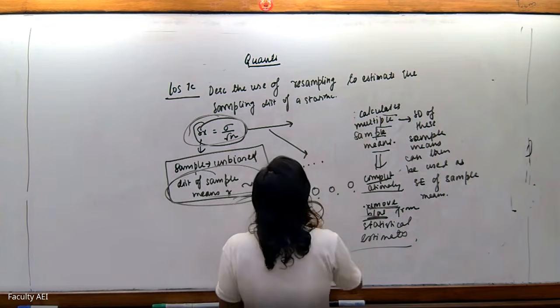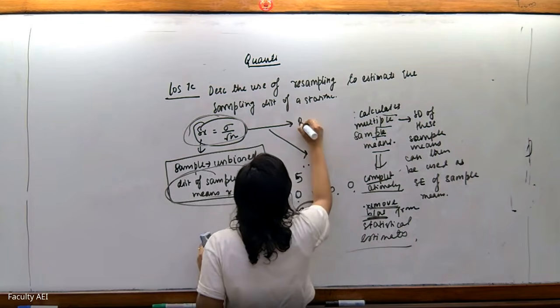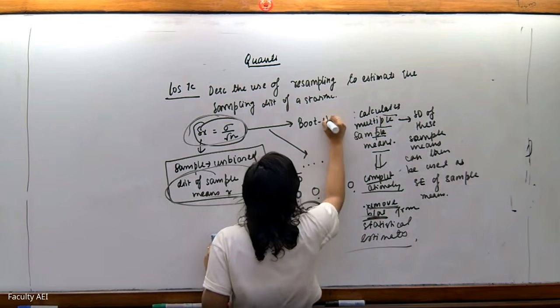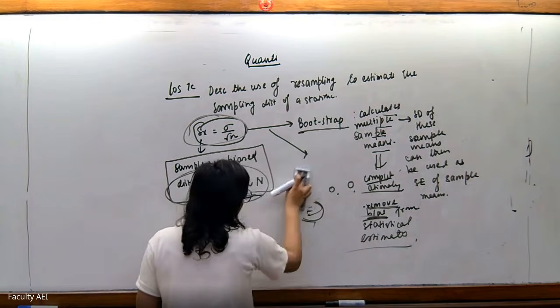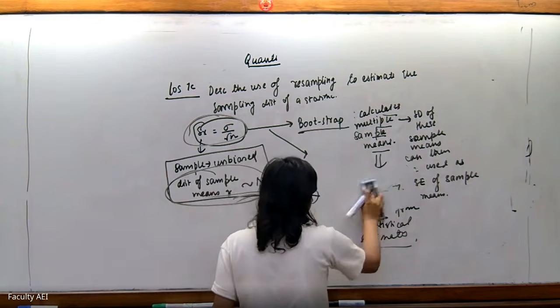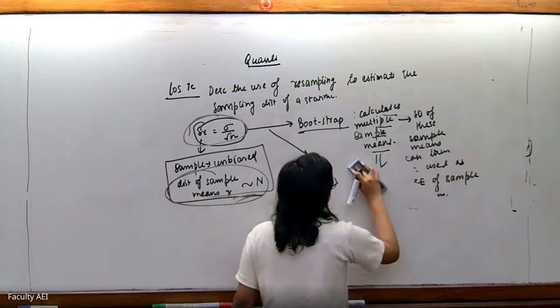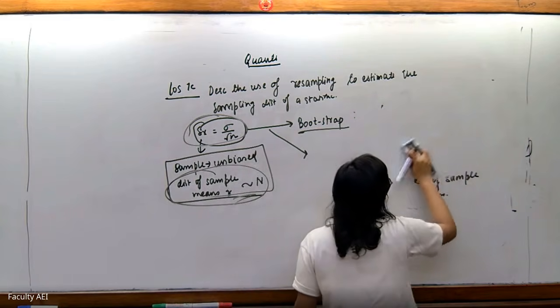Then you have the bootstrap method. The bootstrap method involves more computational complexity when compared to the jackknife method. What does it do?